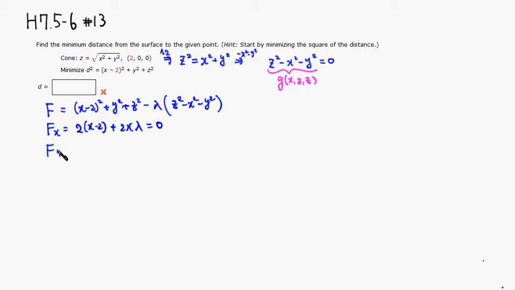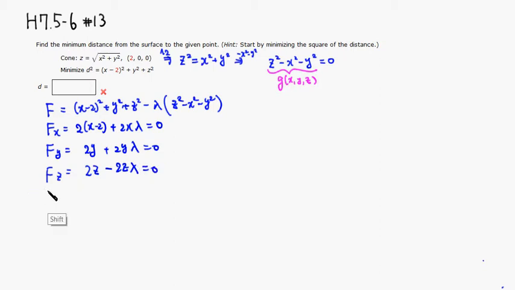The partial with respect to y would be 2y plus 2y lambda equals 0. And the partial with respect to z would be 2z minus 2z lambda equals 0.